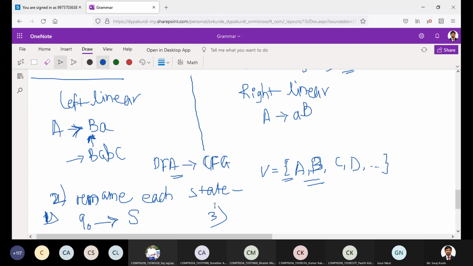Third, the set of production rules needs to be written.